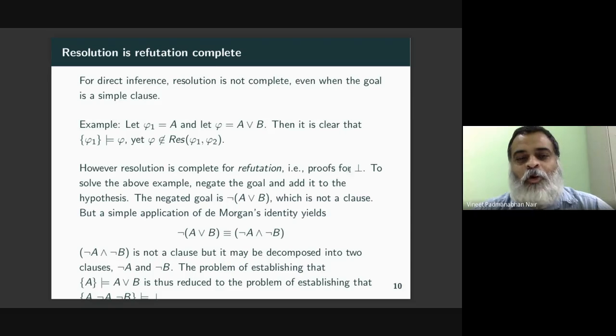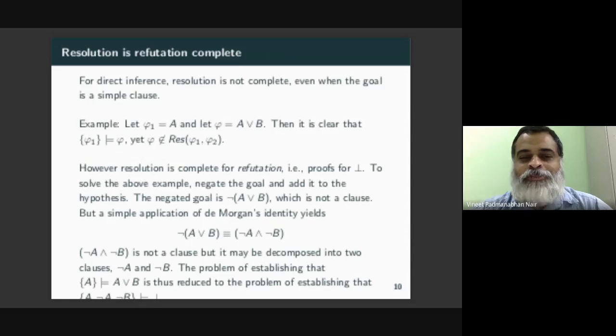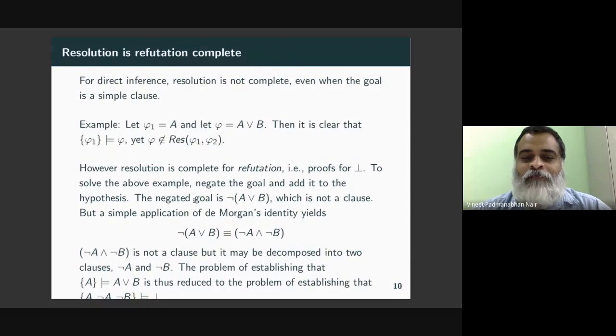So the negated goal becomes not (A or B), which is not a clause, but a simple application of De Morgan's will give you not A and not B. Not A and not B is not a clause, but it may be decomposed into two clauses, not A and not B. So now what do you have in your knowledge base?